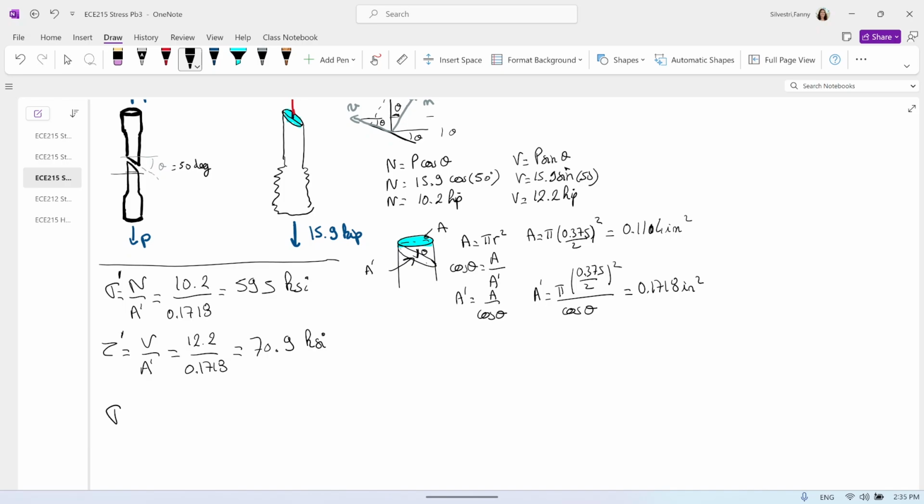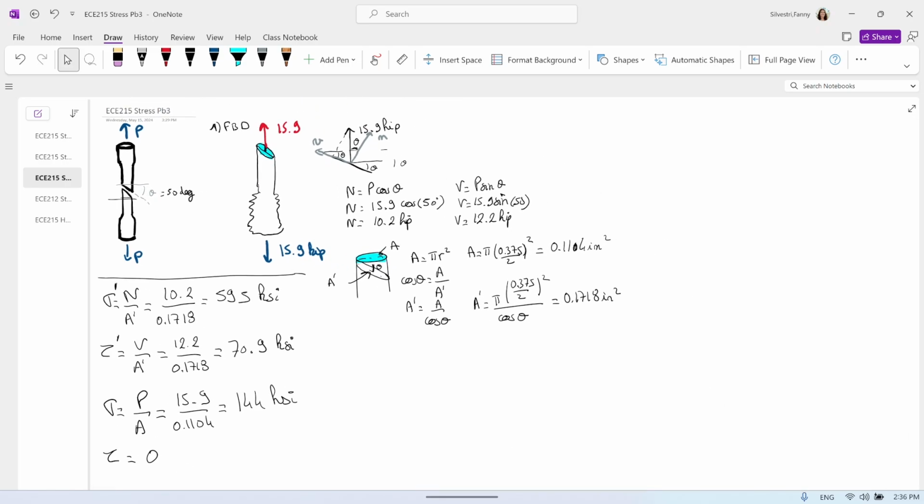So sigma prime will be P divided by the cross section area. So P is 15.9 divided by the area that we found first, 0.1104. So that would be 144 KSI. And tau prime, because there was no perpendicular force, will be 0.